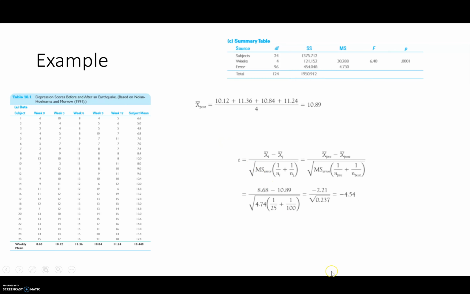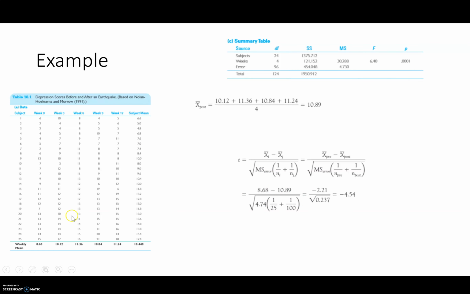And then here's the Fisher's LSD test. You got 8.68 right here minus this score. And the order of this is not important. You might end up with a negative or a positive here. And then you plug in mean square error, 1 over the two sample sizes.